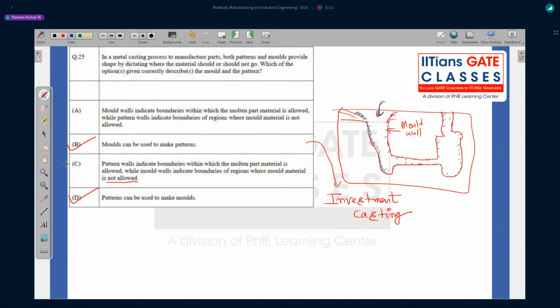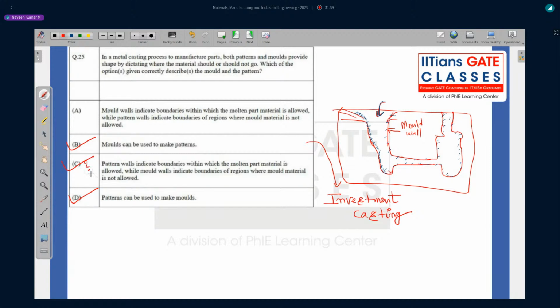This can be an answer, but I'm not sure because the statement they have given is a little ambiguous. If they are thinking about this mold wash, molding sand and all, then C is right. If they are not thinking about that, then C is wrong. So this is some kind of a question mark.